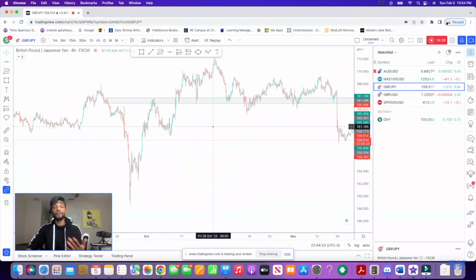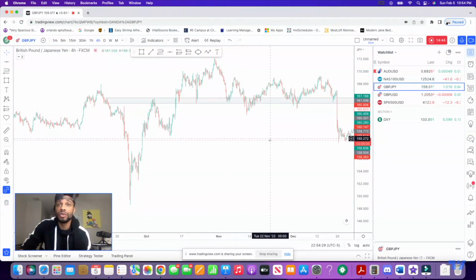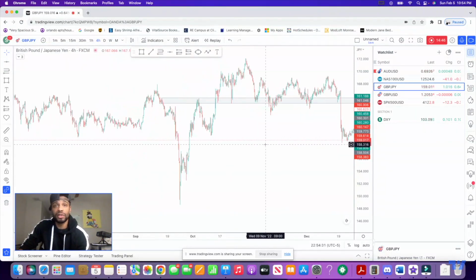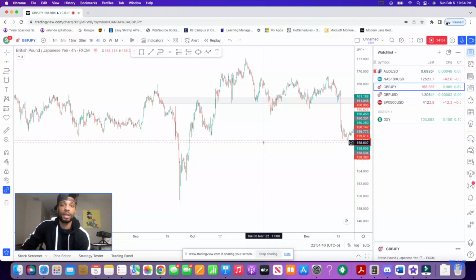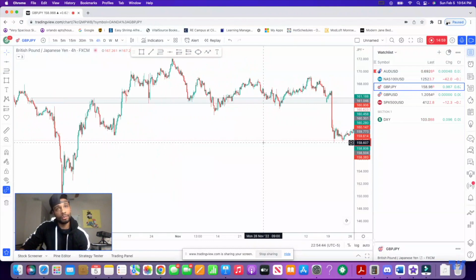But in a nutshell, that is support and resistance. Very simple, very easy strategy to use. And this is not going into anything like entries or entry signals or structures or other entry patterns. This is just simple support and resistance.